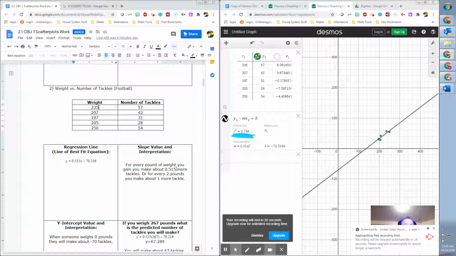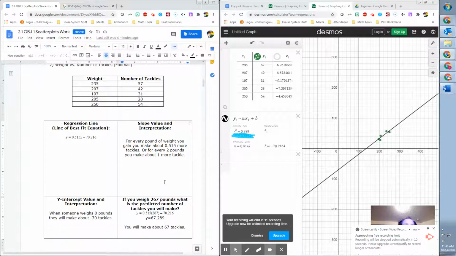So you make about half a tackle more for every pound, or for every 2 pounds, you make about 1 more tackle. And that's how you would interpret your slope. We're going to make a second video to go over how I did the rest of this data.